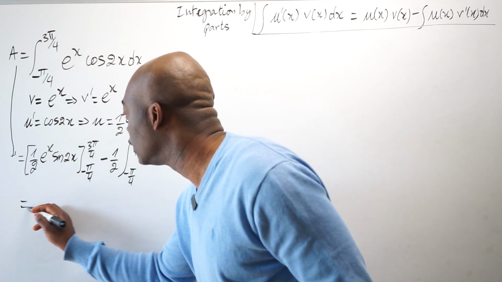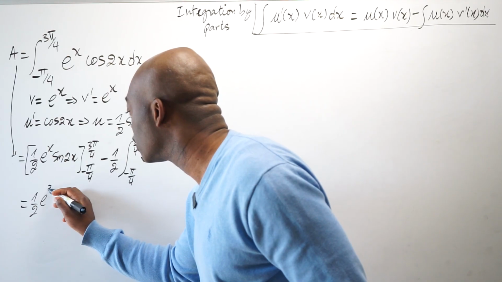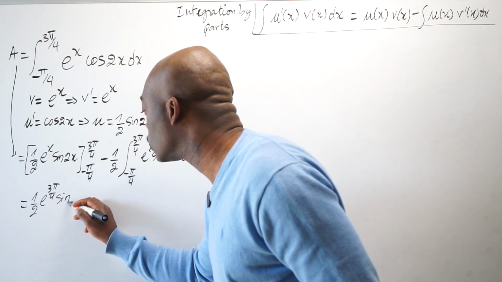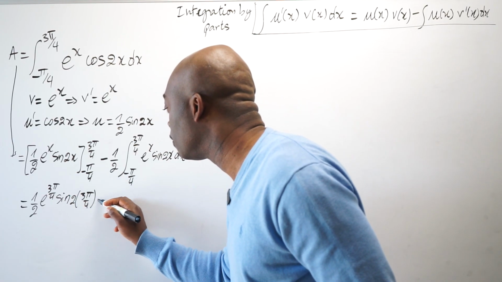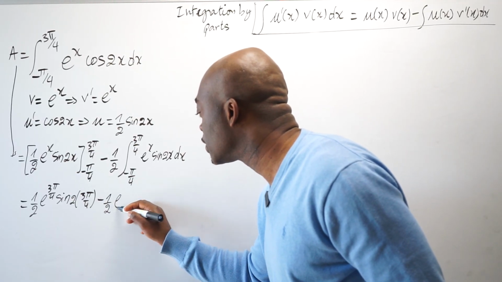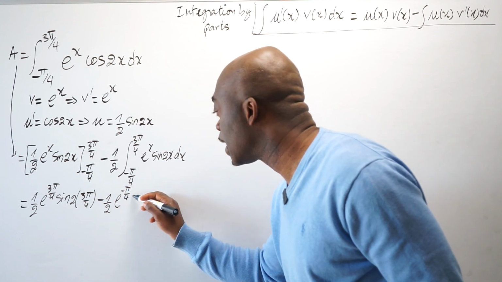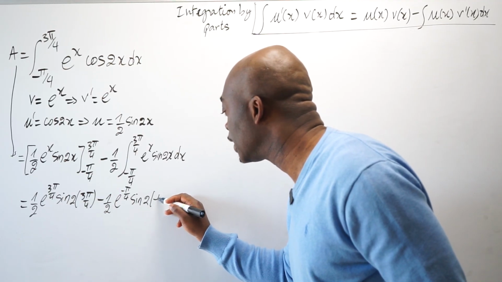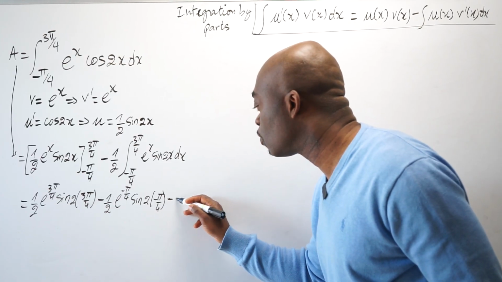Now we're going to solve for this one here. That will give us a half times exponential 3 pi over 4 times sine 2 times 3 pi over 4, minus a half again times exponential negative pi over 4 times sine 2 times negative pi over 4, and then minus 1 over 2.